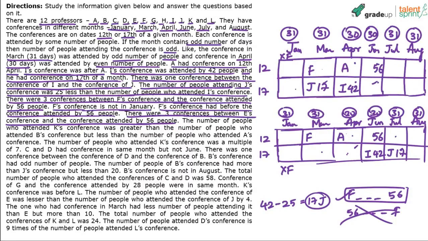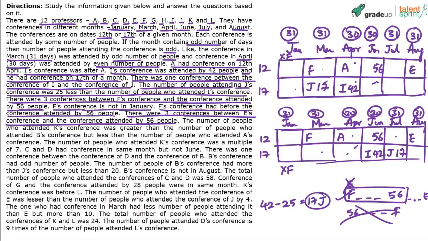So obviously E will come after 56, because you cannot take E before 56. Otherwise, E and F will clash, I mean, E and F cannot take the same position. F is before 56, so E has to be after 56, 3 conferences after 56. So that can be fixed now. 56 is here, 1, 2, 3, E comes here. Similarly, 56 is here, 1, 2, 3, E comes here. Done. That point is done.